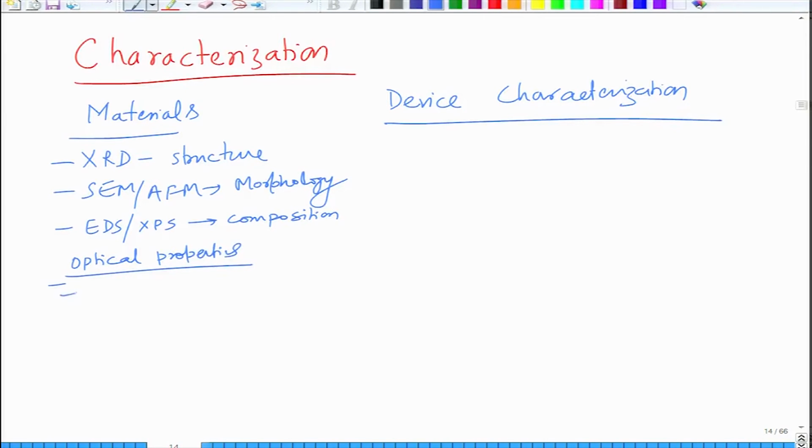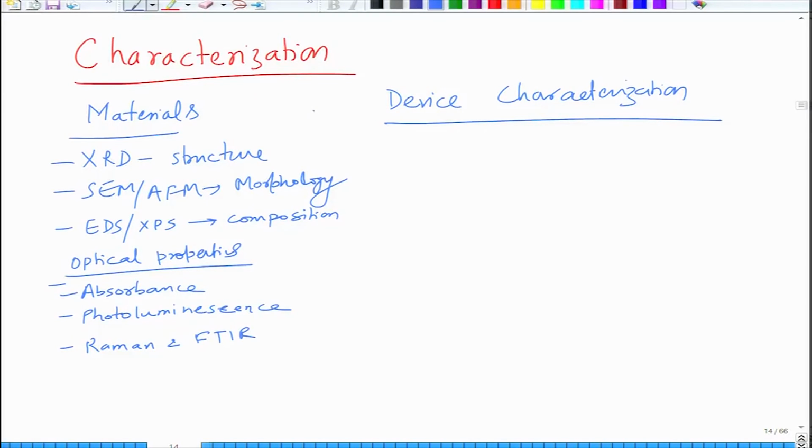For optical properties, one needs to measure absorbance, and one may also look at the photoluminescence spectra. It may also be useful to look at Raman and FTIR spectra of these materials, to look at the phase and type of functional groups that you have.